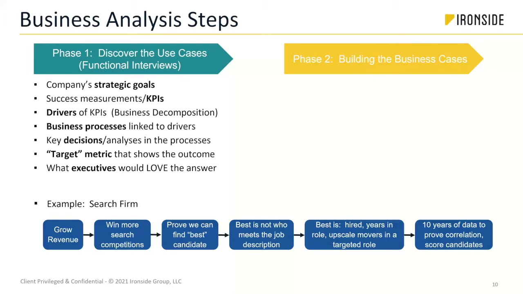And they could do a couple of things with that data now from a machine learning and AI perspective. One is they can certainly create a greater indication of who's going to be successful in a new role. So they can actually create a proprietary scoring algorithm that will provide the best candidates. And they can use the fact that they have that scoring algorithm in their sales process to win more of those search competitions.